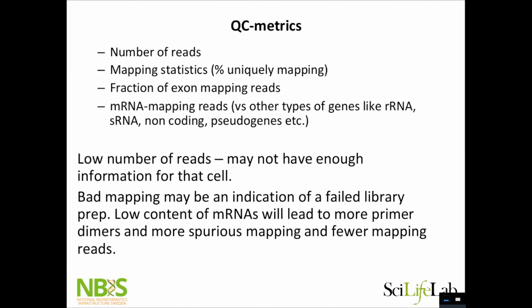And so the number of reads you have, the percent uniquely mapping, how much maps to exons or to mRNAs, and so on, can tell you a bit about the quality of the cells. So when it comes to SmartSeq2 data, I always look at these stats. But when I have the Cell Ranger report, I don't, because I can't find it.